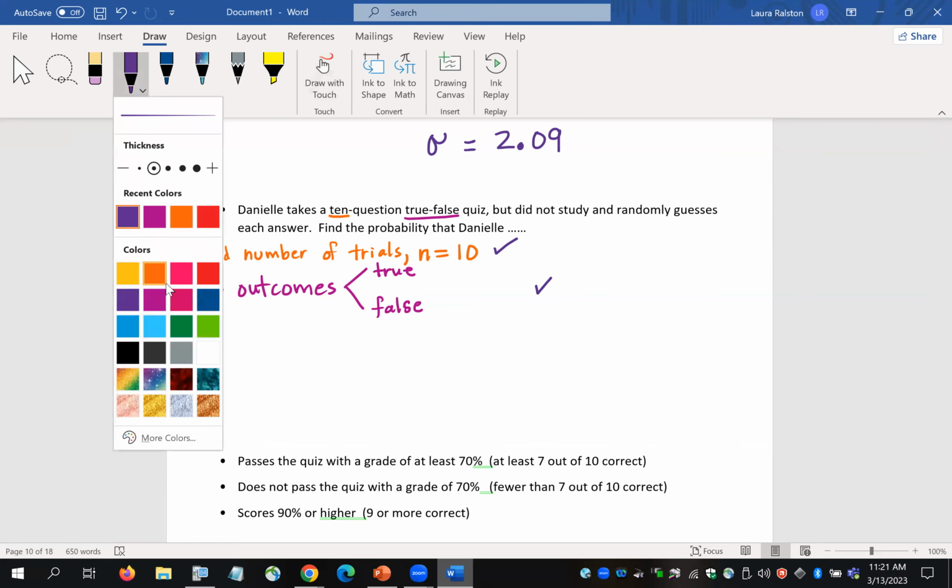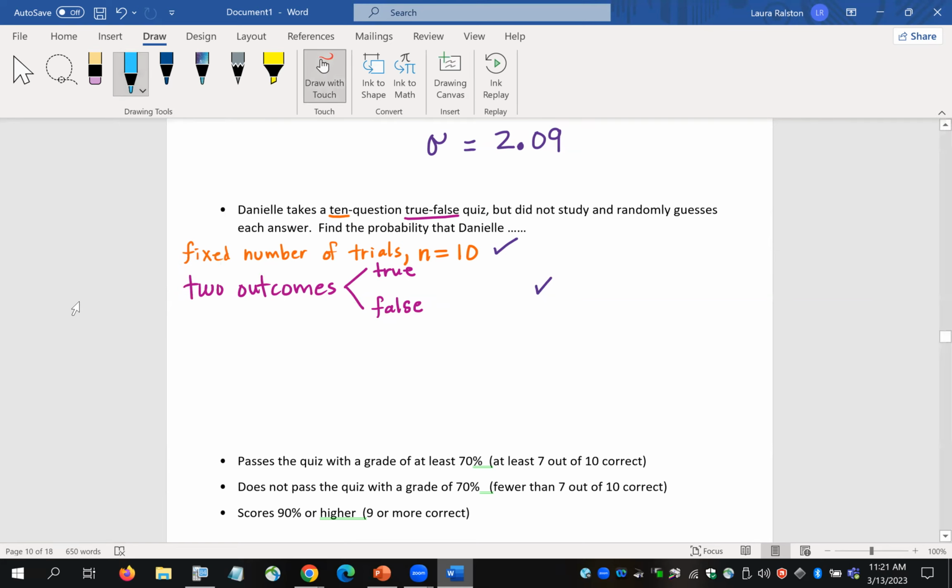It doesn't really tell us in this problem, it doesn't say, you know, like 32%. But think about it, it's true false. The probability that she would choose true if she's randomly guessing, there's one way to choose true out of 2. So that's like 50%.